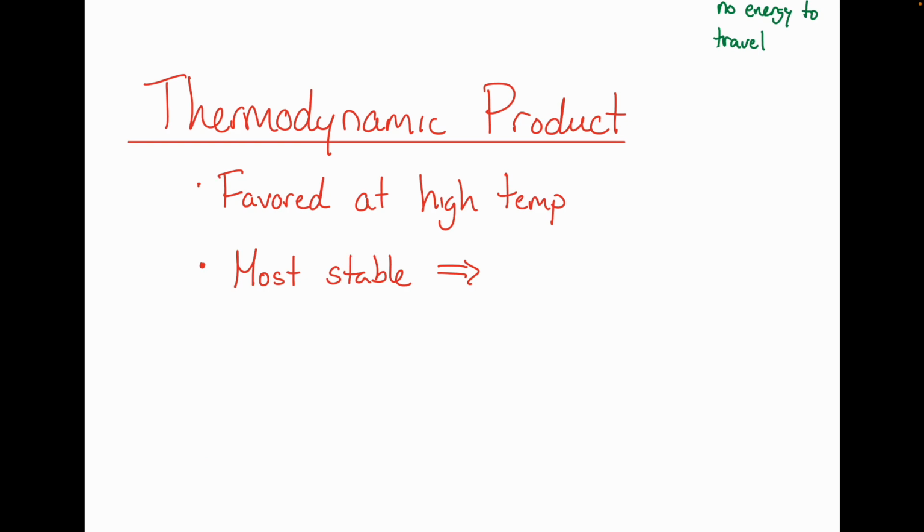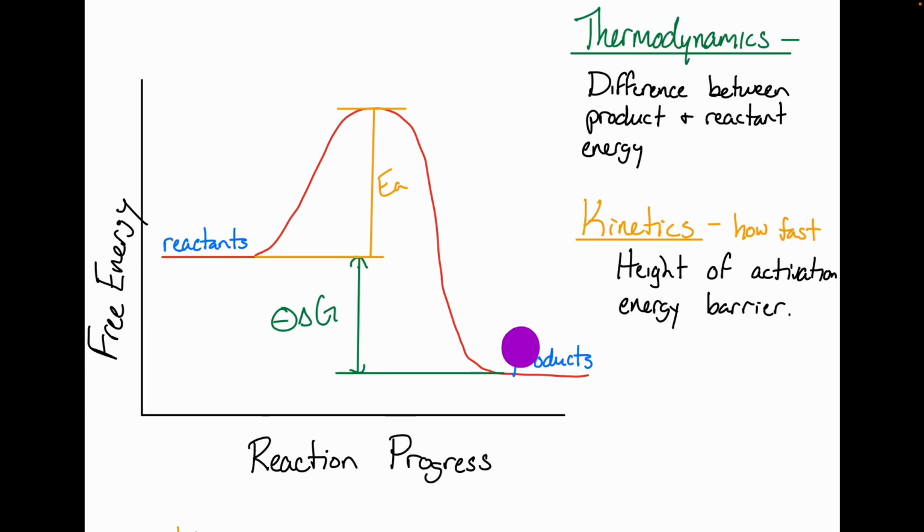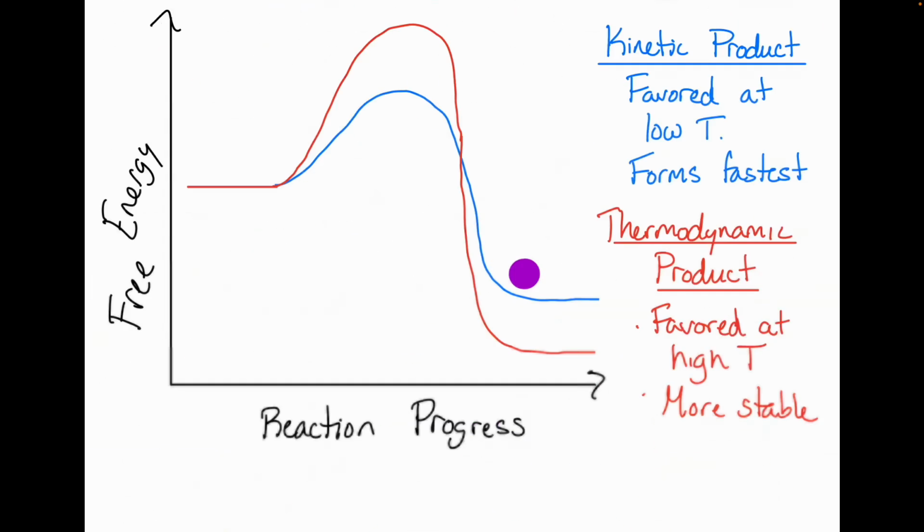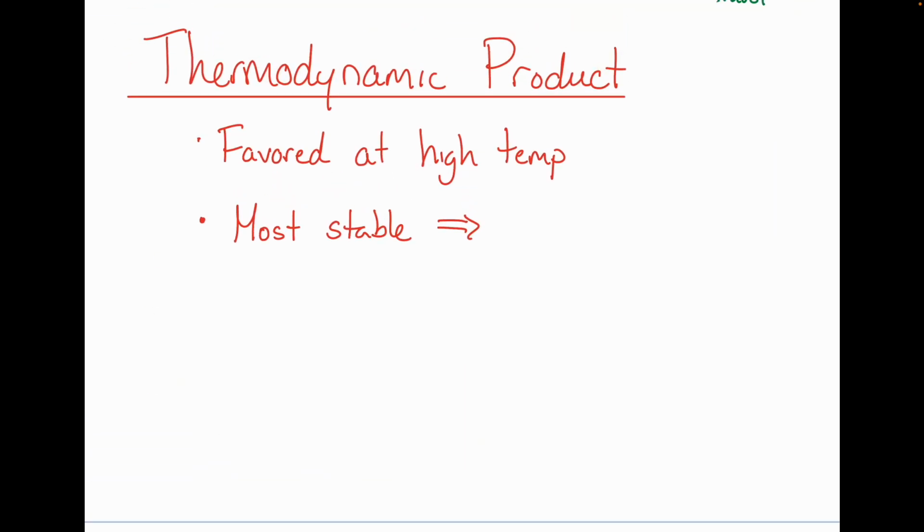All right, which in terms of our free energy diagram means the one with the largest negative delta G, right? The largest gap between reactant and product free energy. So most stable, we mean the largest negative delta G. All right, so why is that? Why does higher temperatures give us this more stable product as opposed to the one that forms the fastest?